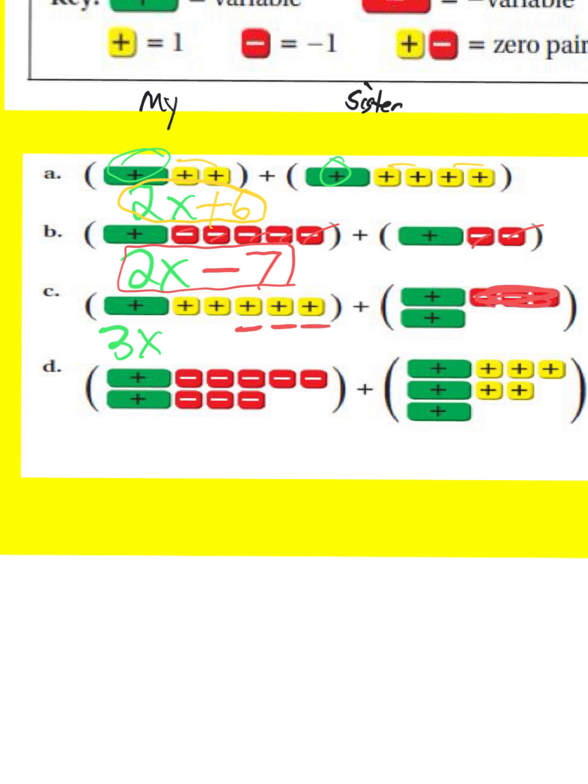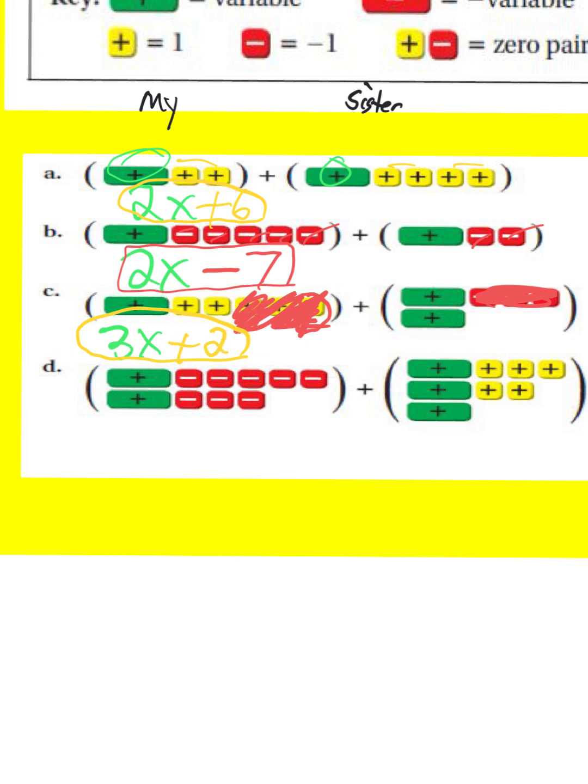A negative and a positive 1 makes 0, so I cross these off because they are zero pairs. What is left? I have my 3 X's and 2 yellows, so that's 2 ones. My final expression, or polynomial, is 3x plus 2 ones.